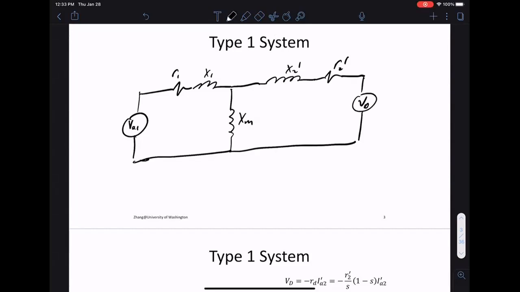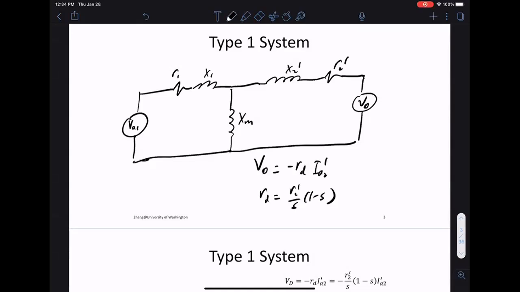This VD really comes from the fact that I have a negative resistance. So I developed a resistance, RD, which is R2 prime (1 minus S) over S. When the slip is negative, I basically have a negative resistance, and this acts like a voltage source in the circuit.